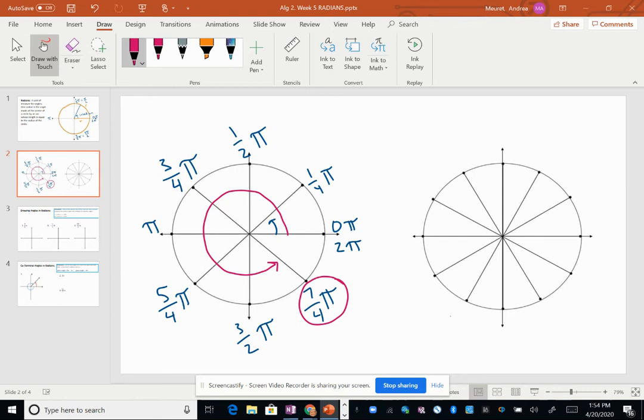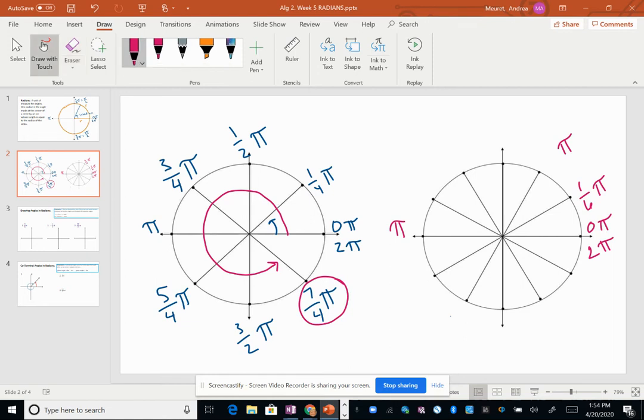Again, we want to label each of the angles around the circle. And so we start at 0, halfway is pi, and then the rest of the way back is 2 pi. And in between 0 and pi, there are 6 spaces. So each little angle is going to represent 1/6 of pi. So this would be 1/6 of pi, 2/6 of pi. Well, 2/6, I can write that as 1/3.